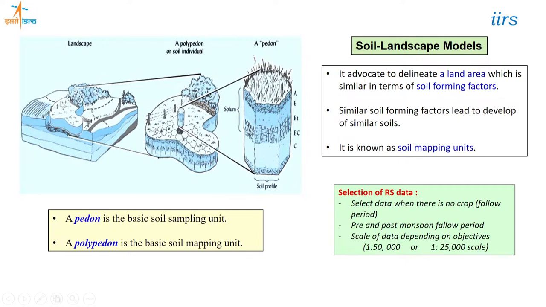We assume that in that area the soils are the same, so at any one point we study the soil profile, and we can say that it represents the entire subset. If you see this, this is one pedon, a three-dimensional natural body with A layer, B layer, and C layer.